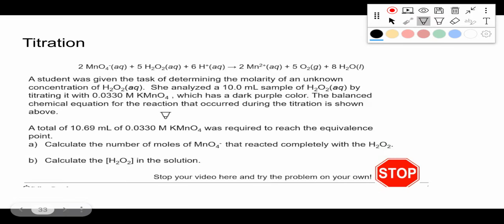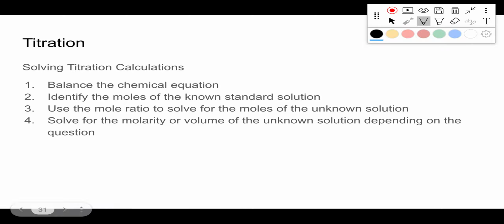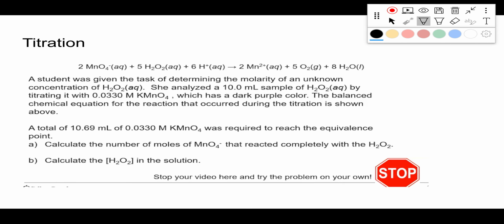So going back to my cheat sheet, I have to balance a chemical equation first, already done for me in the problem. Now I have to identify the moles of the known standard solution. So the thing that I know is this part of the problem. That's how I'm going to solve for A. So I'm going to work that out here. I'm going to use the method where I'm using the molarity equation. Remember that molarity is equal to moles over liters.